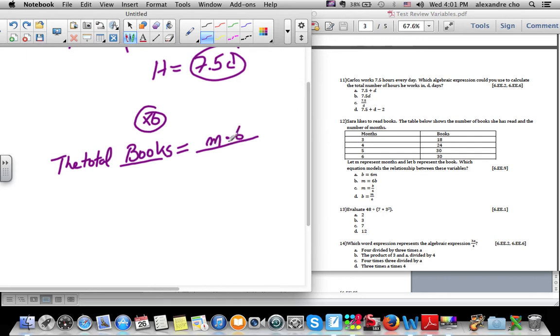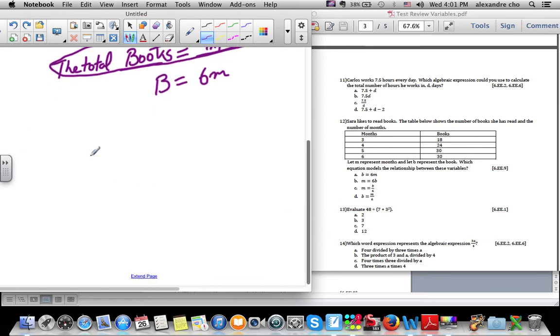In 3 months, 3 times 6 is 18, which matches the table. 4 months would be 4 times 6, which is 24, which again matches the table. So we have our correct equation here. Books equals M times 6, or B equals 6M. It doesn't matter, M6 or 6M means the same thing. And we have something that looks like that, which is letter A.